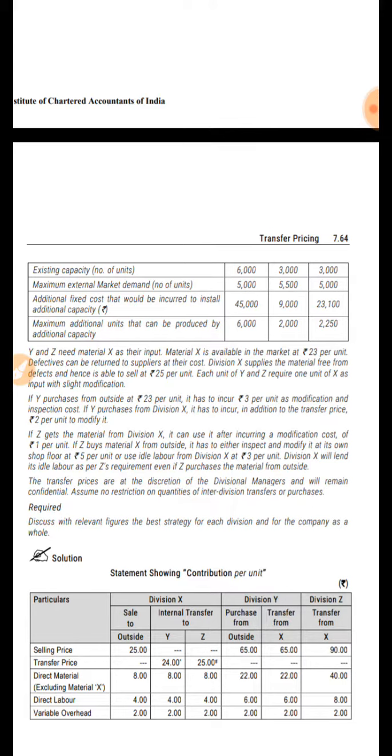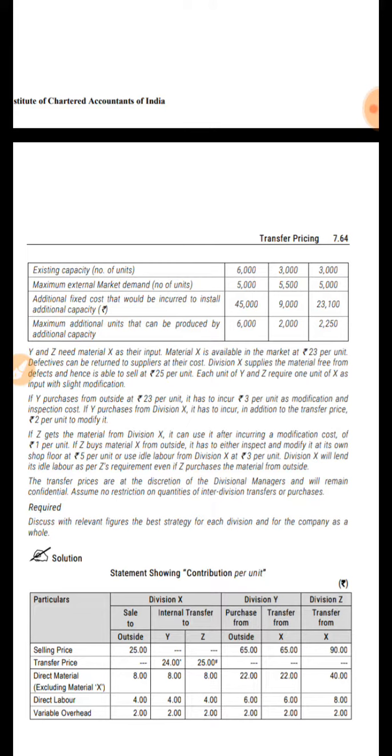if Y is purchasing from outside at rupees 23 per unit, it has to incur rupees 3 as modification. So how much will it cost Y if it is purchasing from outside? 23 rupees for the product and 3 rupees for modification. So ultimately from their pocket 26 rupees will go.